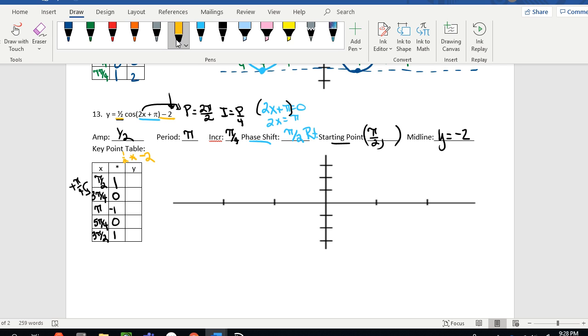Half of 1 is 1/2, and 1/2 minus 2 is -1.5. So 0 minus 2 is -2, and -1 means -1/2 minus 2 is -2.5. Since I'm on a half scale, I'm just going to keep it where it is. Midline.